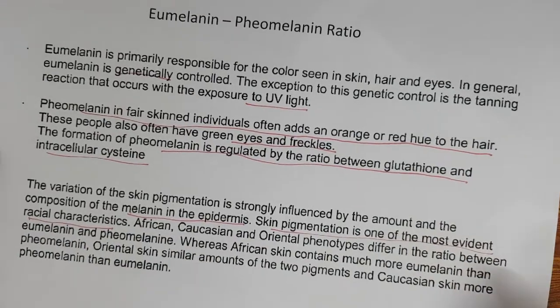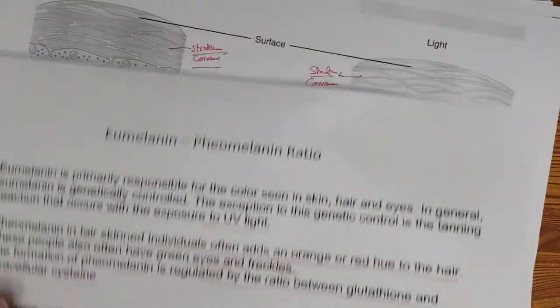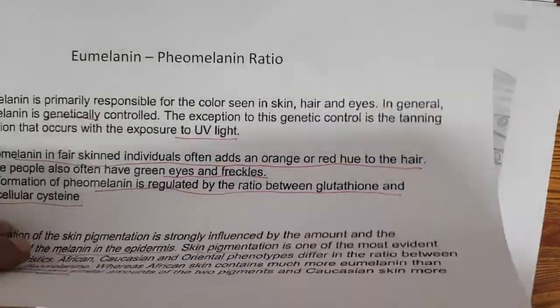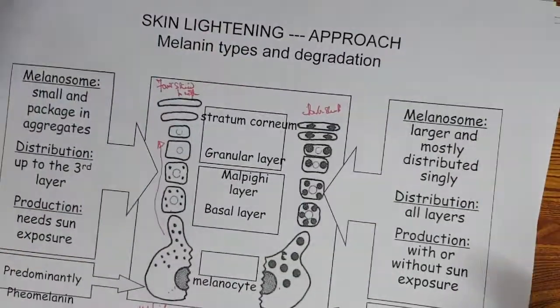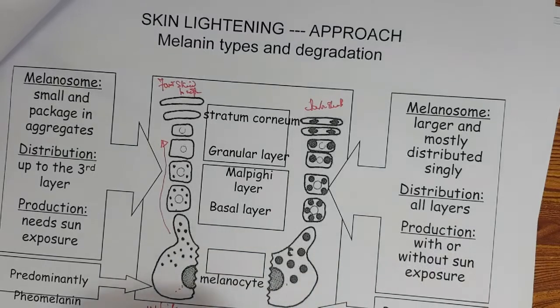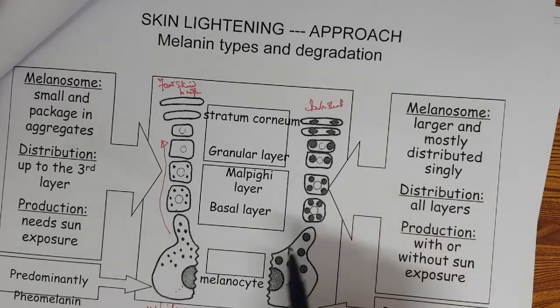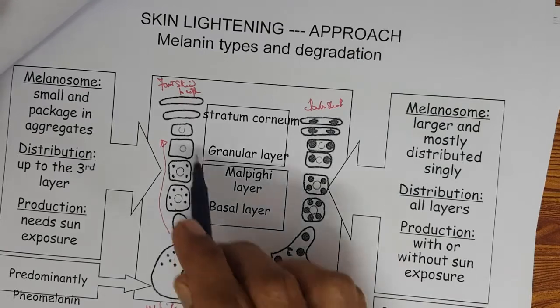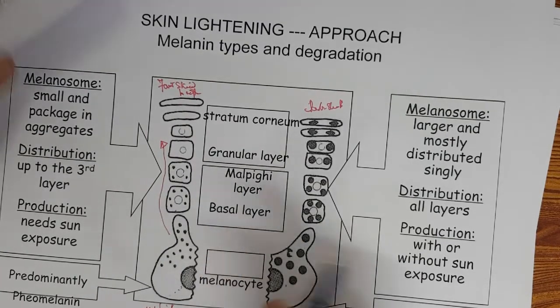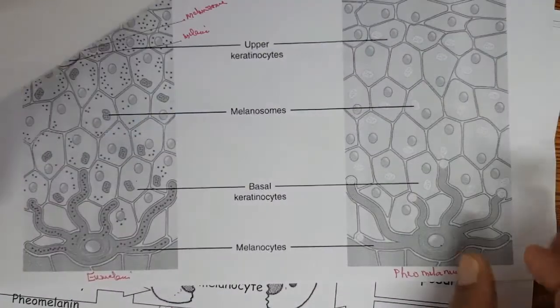So, what we have seen till now, pheomelanin and eumelanin. Eumelanin, the color is very strong for Africans, and pheomelanin is very weak in color.